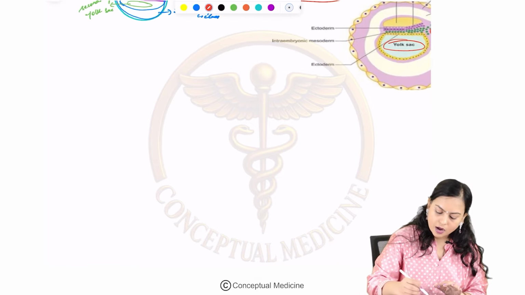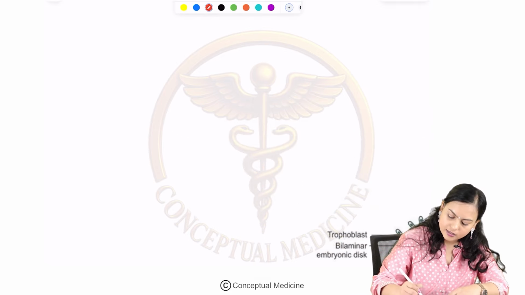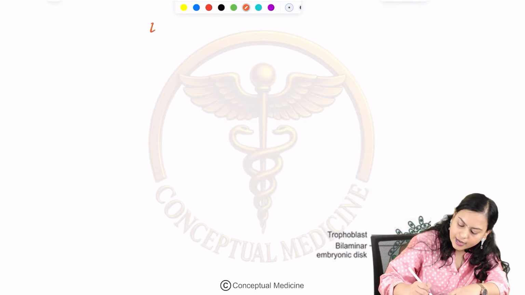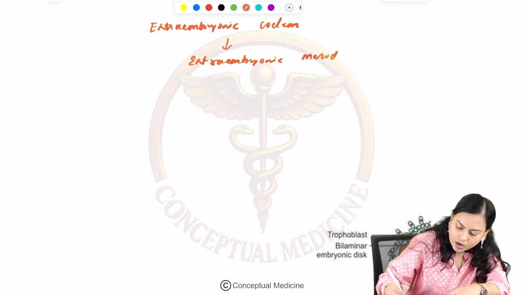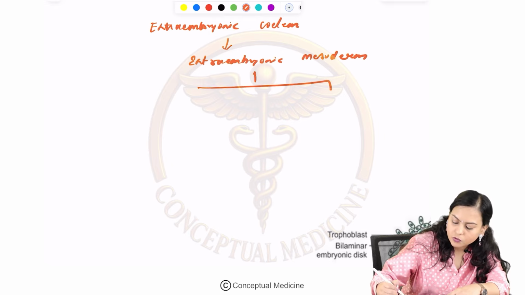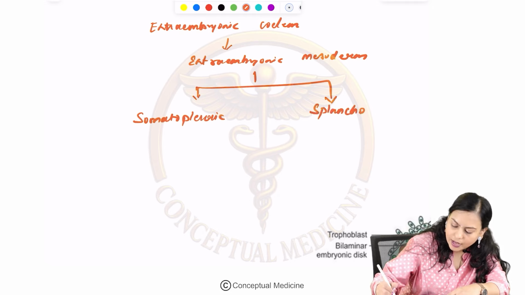Also, another change that is going to happen is, as the extra embryonic coelom is formed, the extra embryonic mesoderm is now split into two layers, namely the somatopleuric extra embryonic mesoderm and splanchnopleuric extra embryonic mesoderm.